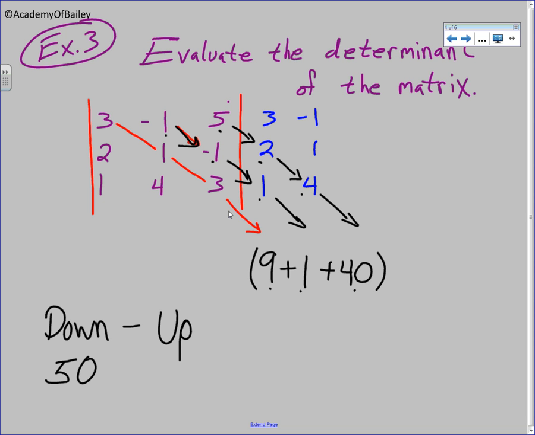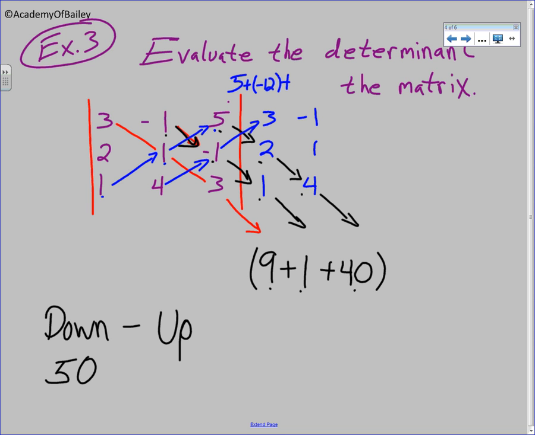Now we need to calculate what the up diagonals are equal to. So let's go ahead and do that. 1 times 1 times 5 is 5. How about 4 times negative 1? That's negative 4. And then times 3 is negative 12. And it's supposed to be a plus, negative 12.